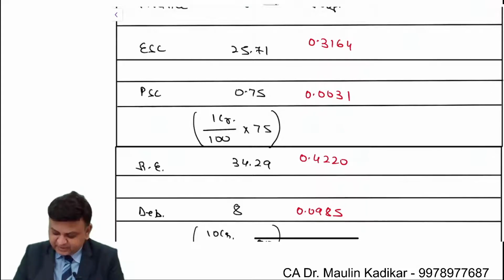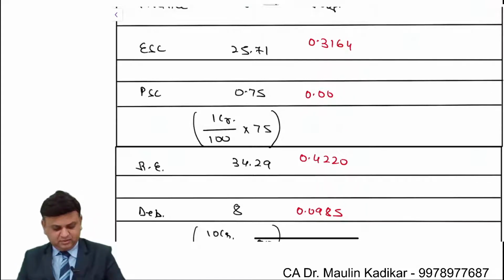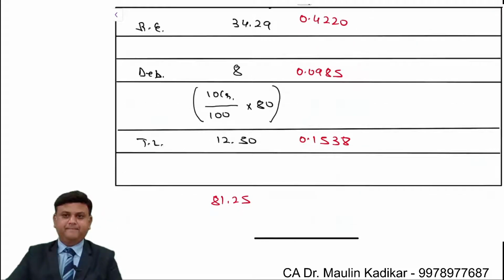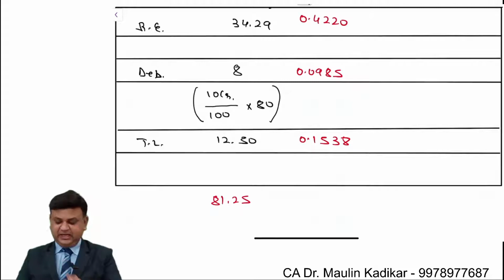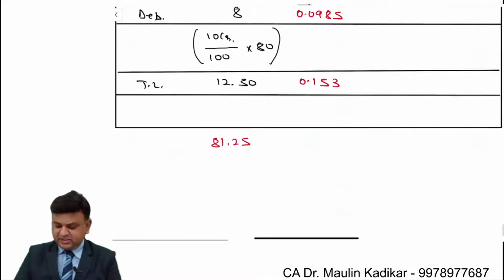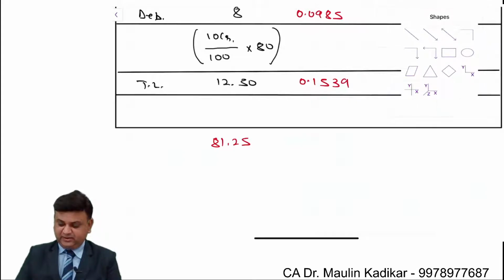Here for preference share capital, there is an error from my end. 0.75 divided by 81.25, so 0.0092. Please incorporate this correction. So again, the total is not matching. Why? Because it is 0.99999. So what I am doing, I am taking the weight for the last security as 0.1539, so that the total would be exactly 1.